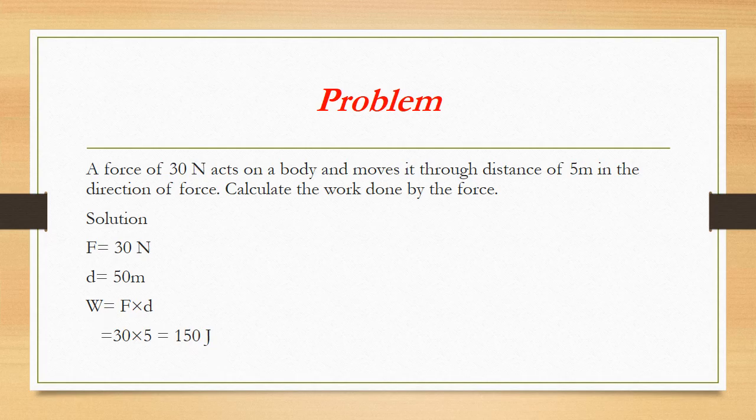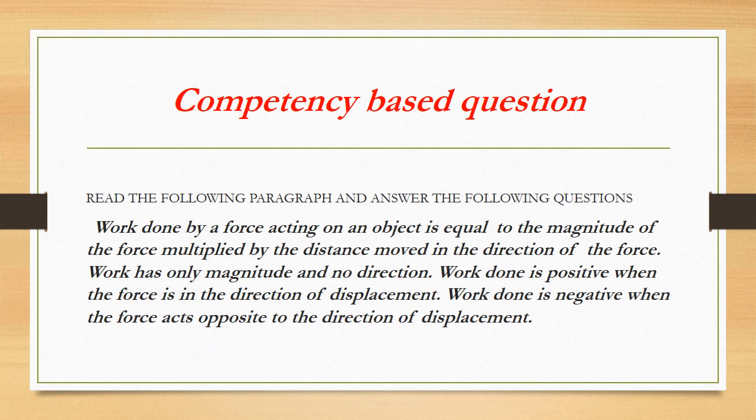Now we can discuss some of the competency based questions, some questions based on what we learned. So here one paragraph is given. Read the following paragraph and answer the following questions.